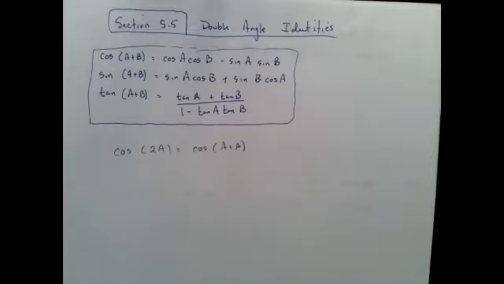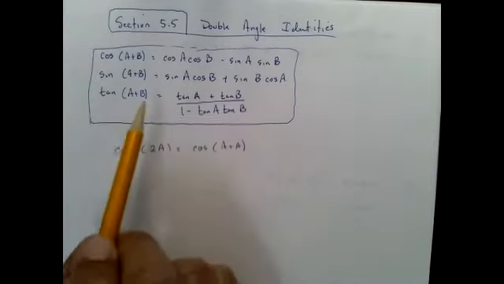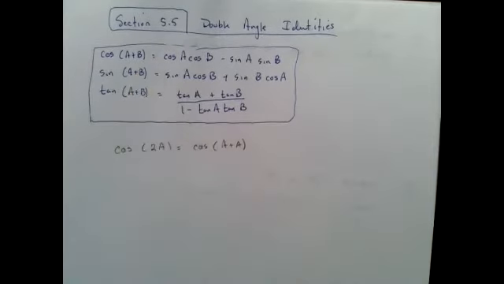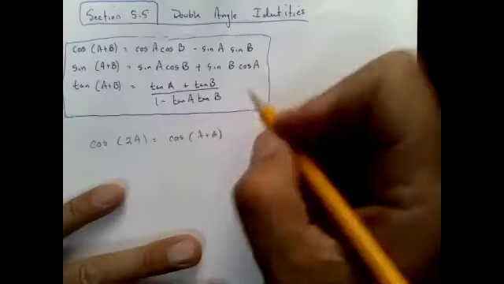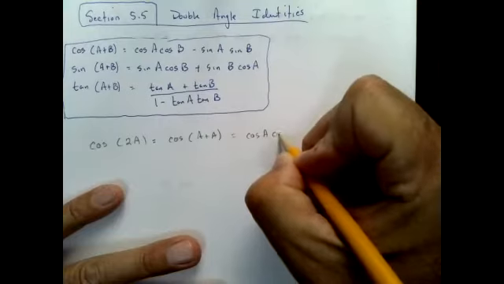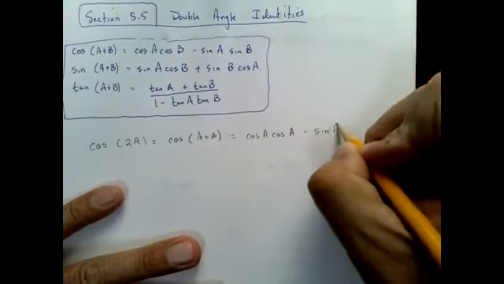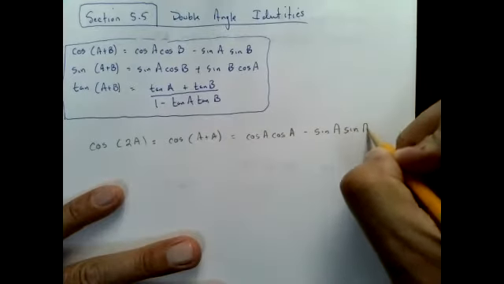And that's now kind of looking familiar because instead of B, what am I going to put in there? A, yeah. So I can now write this as the cosine of the first, the cosine of the second, minus the sine of the first and the sine of the second.